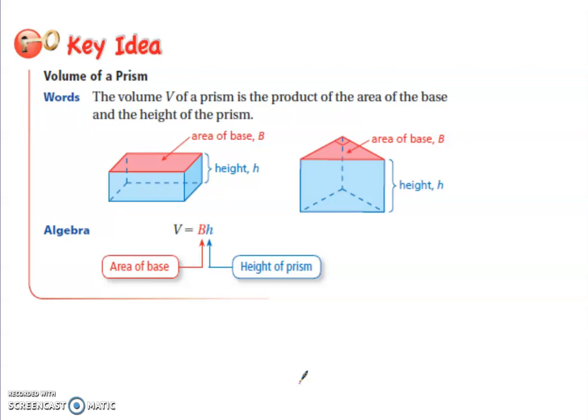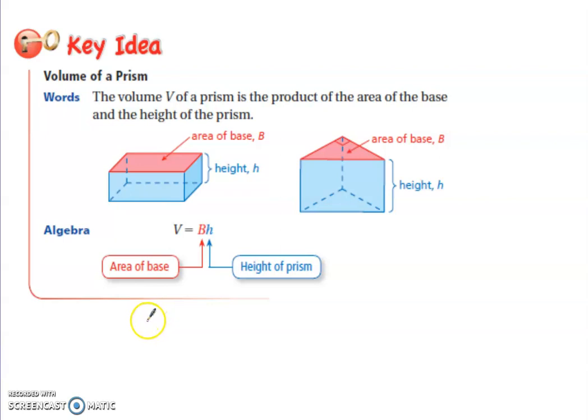Now, the nice thing about volume is that there is a formula, and we will follow the formula every single time. And it's more consistent, which is nice. So here's our formula. We're going to use it for every prism. The volume is equal to capital B times H. And the capital B, big B, means that we're going to find the area of the base.